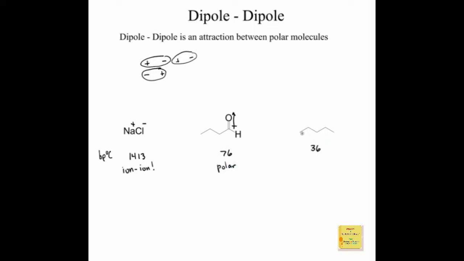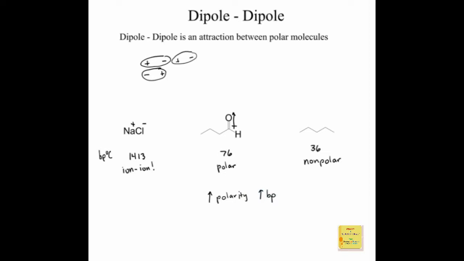This last molecule, this line drawing, just represents a carbon chain. So we have carbon-hydrogen bonds and carbon-carbon bonds. All of those bonds are nonpolar, so as a whole, this is a nonpolar molecule. And that's why it has such a low boiling point. So the overall trend here is that as you increase polarity, you increase your boiling point.